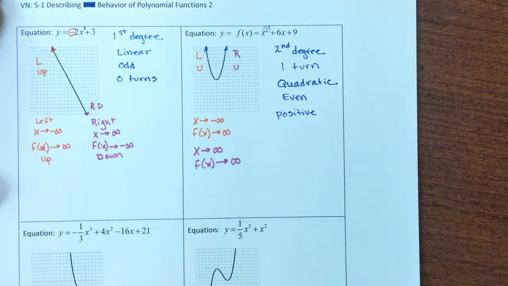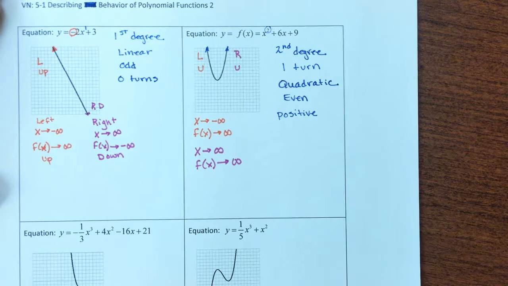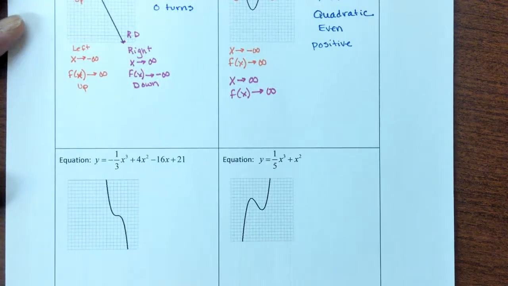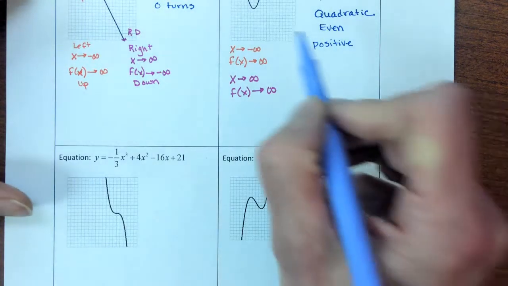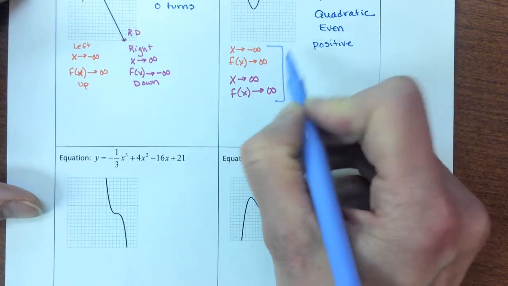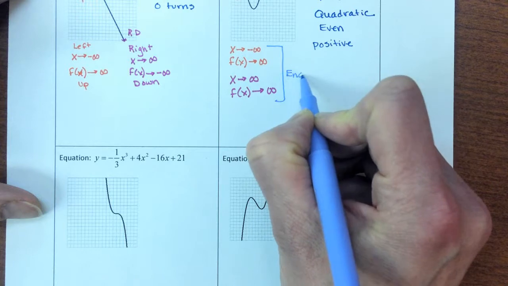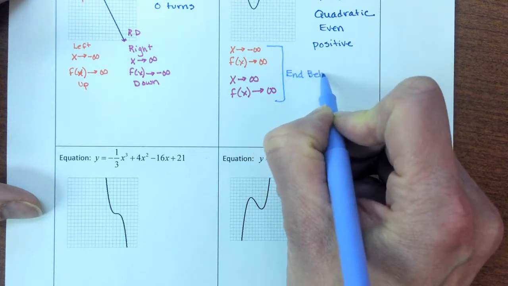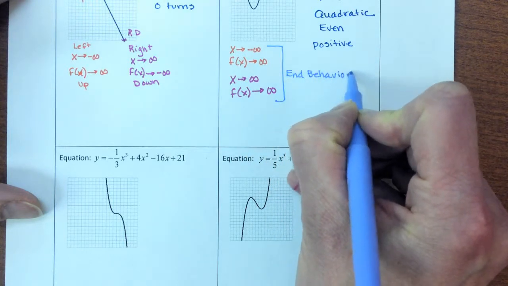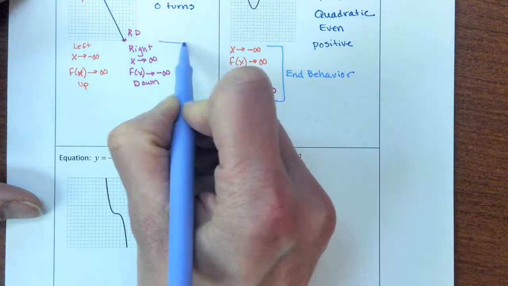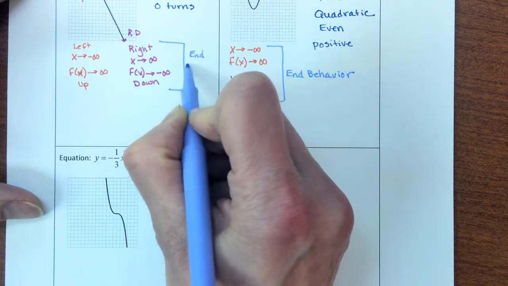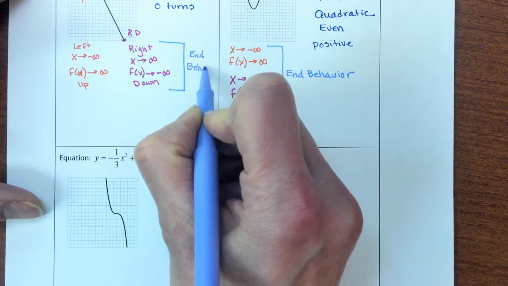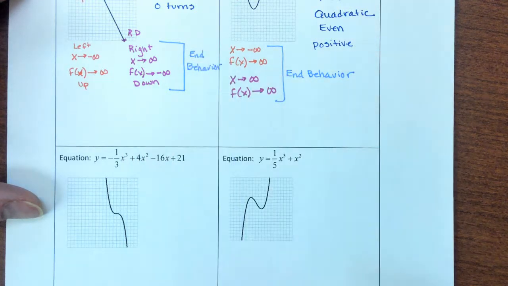So that's also infinity. That there is end behavior. Let's just make a little note that both of these here are end behavior. This is also end behavior. And that's a review.